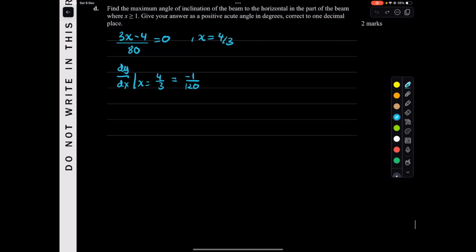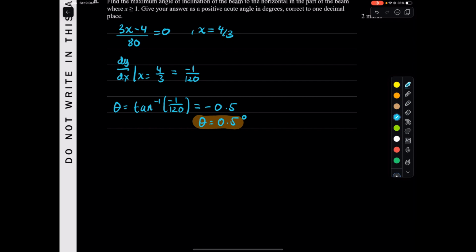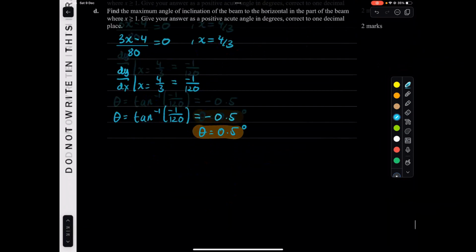And then find theta, tan inverse of negative 1/20 gives us negative 0.21 degrees, so it's negative 0.5, but we want the positive angle, so 0.5 positive, that's it. Degrees, not Celsius, degrees, and that's it.